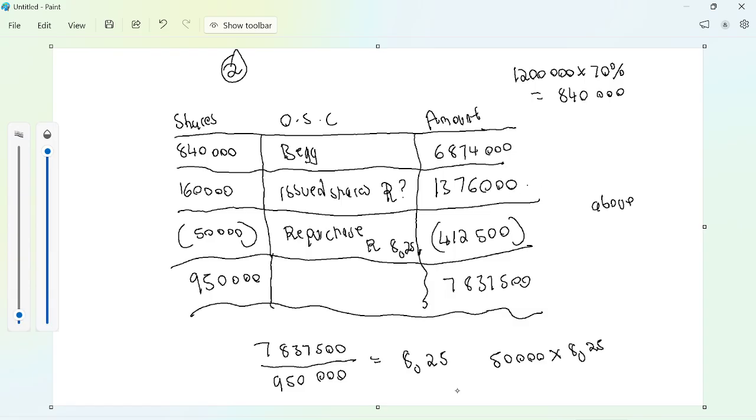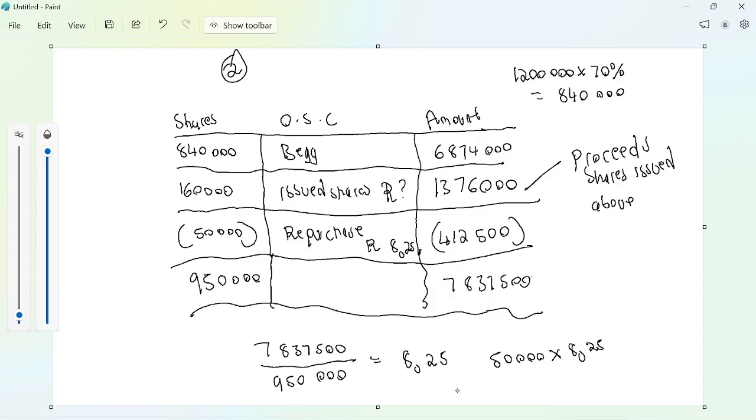So this amount goes where? It goes to the cash flow statement under financing activities, which is what? Proceeds. That's how you calculate your proceeds on shares issued. Right?